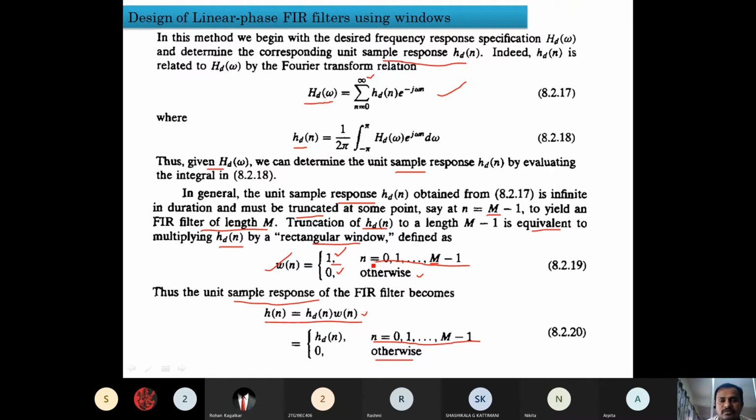Other windows, which we are going to learn in future, have different window functions. Those window functions are multiplied with the desired sample response hd of n, which gives the overall frequency response of the system.